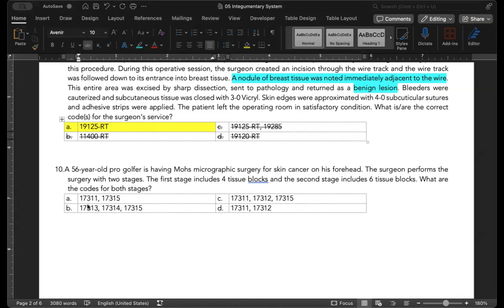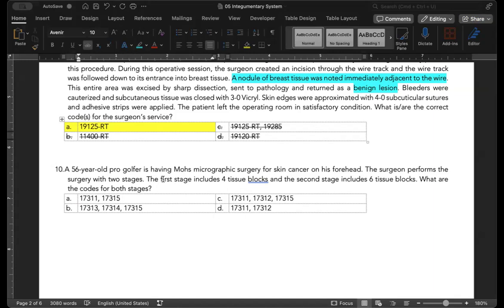17311 is going to be for your Mohs micrographic surgery. And I'm going to skip that whole big thing. But the anatomic locations are head, neck, hands, feet, genitalia, or any location with surgery directly involving muscle, cartilage, bone, tendon, major nerves, or vessels. And then first stage up to 5 tissue blocks.